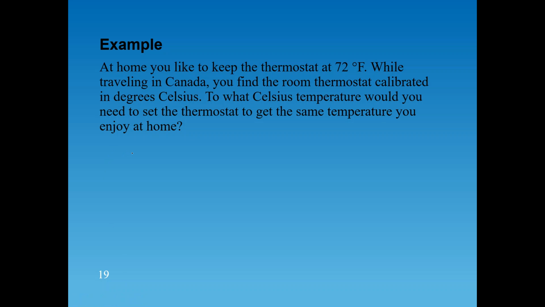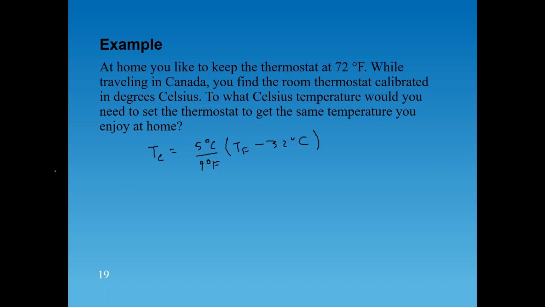So, remember now, the formula for converting from Fahrenheit to Celsius is: temperature in Celsius is equal to 5 degrees Celsius over 9 degrees Fahrenheit times temperature in Fahrenheit minus 32 degrees Fahrenheit, all right? And all we have to do is put the numbers in.